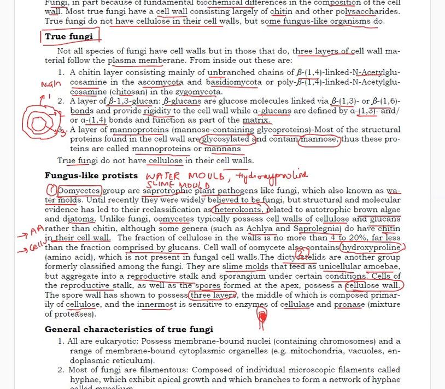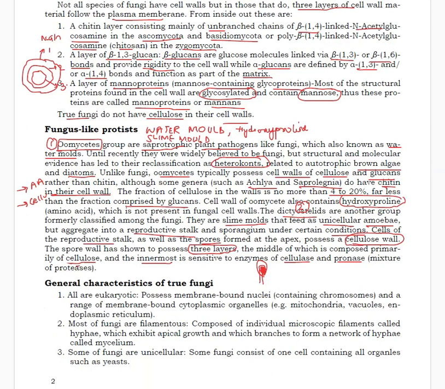Next we are going to study the general characteristics of true fungi. Fungi are eukaryotic. That means any eukaryotic cell has membrane-bound nuclei containing chromosomes and some cytoplasmic organelles within them. They are filamentous.